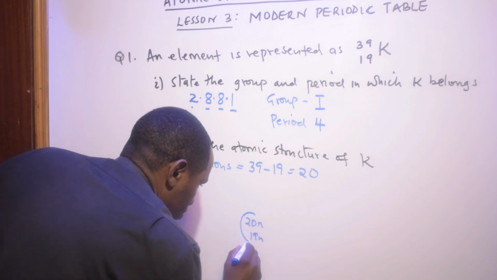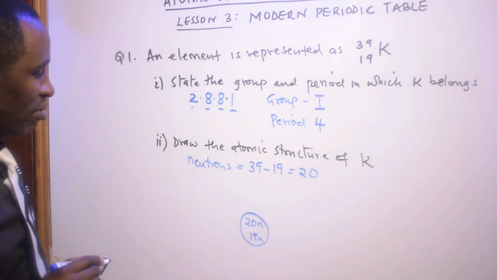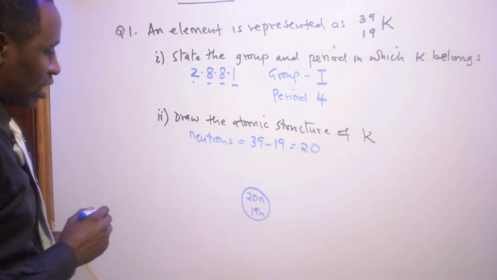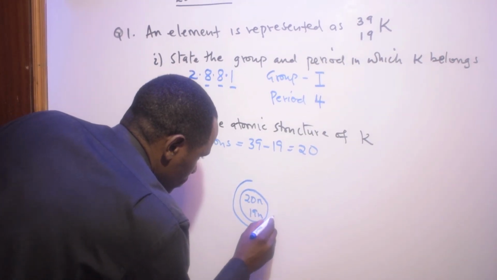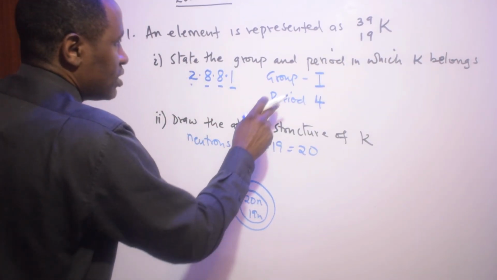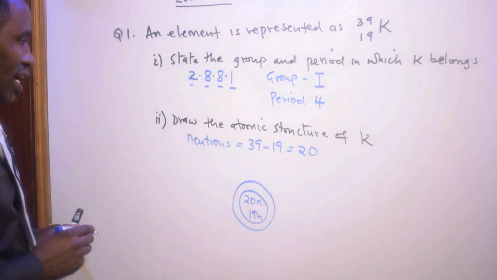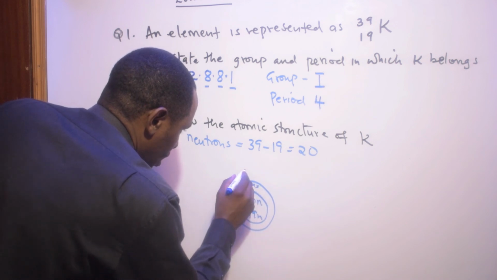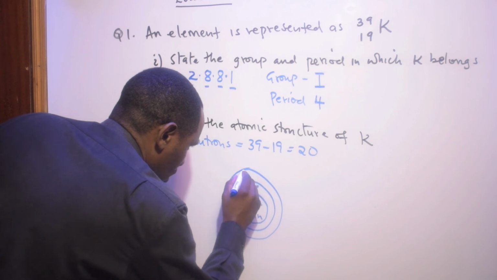This is my nucleus. And of course I'm going to have the first energy level. The first energy level has 2 electrons. I can have the second energy level, and I'm going to have 8.